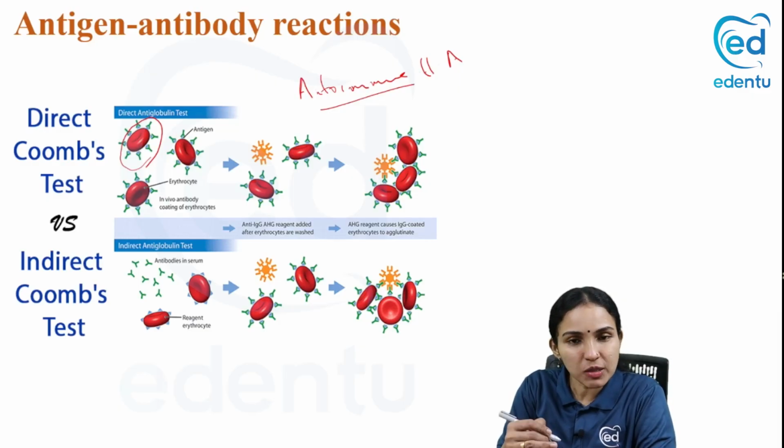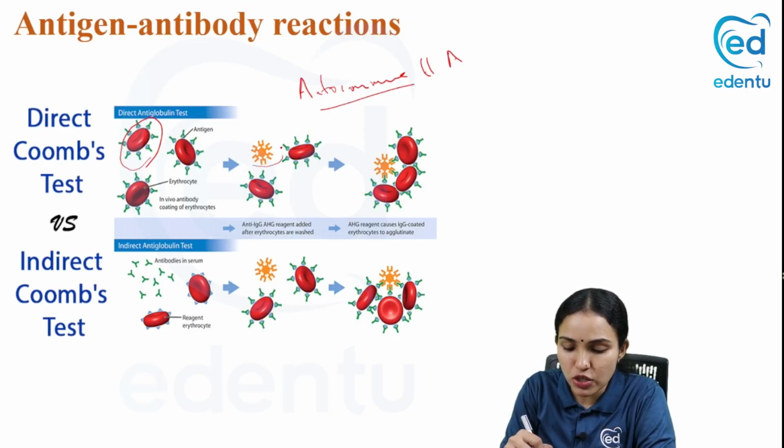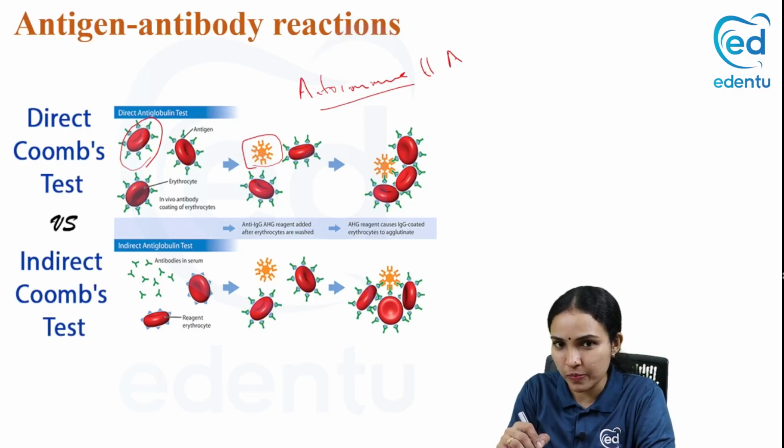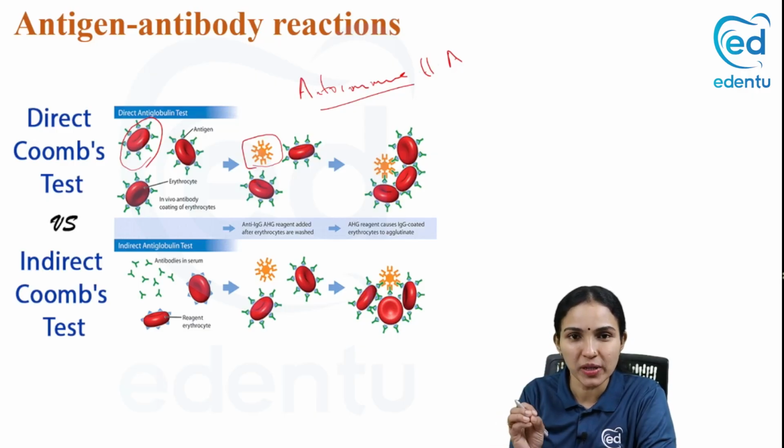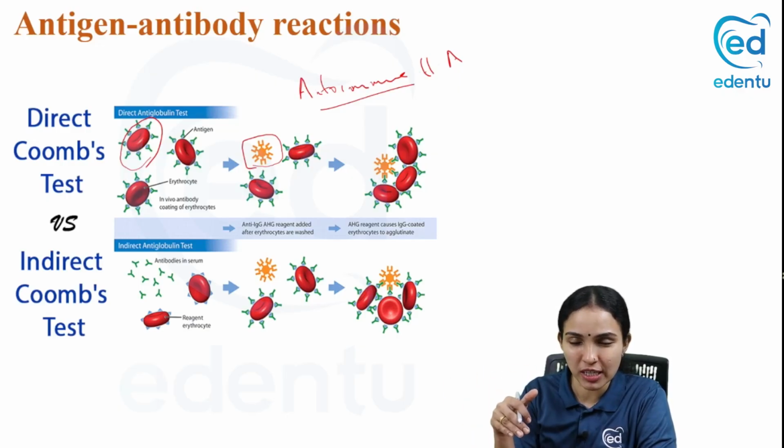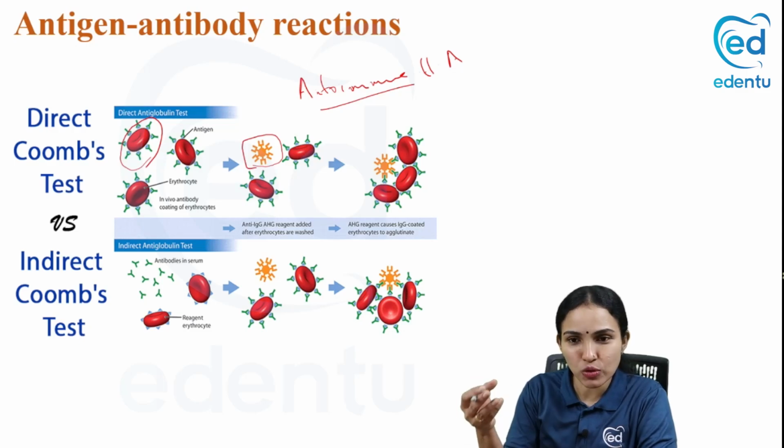So we take the patient RBCs, and when you add this Coombs reagent, it is anti-immunoglobulin. If you inject human antibodies into rabbit or sheep, what happens? Their body will produce antibodies against this, because for them it is foreign. Those antibodies are called antiglobulins or anti-immunoglobulins, which are produced against an antibody.